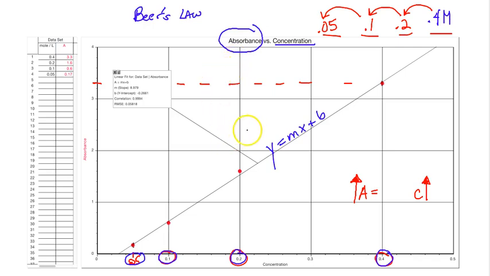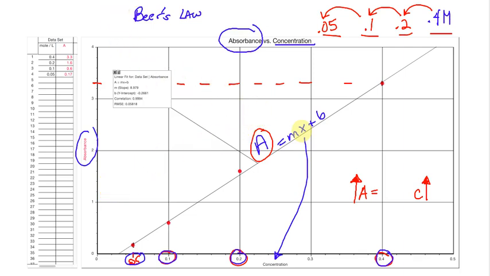Knowing that, y is your absorbance, so absorbance is equal to the slope times x, and x is our concentration. This relationship will allow me to solve for x, the concentration, as long as I can measure the absorbance on this machine that was calibrated.